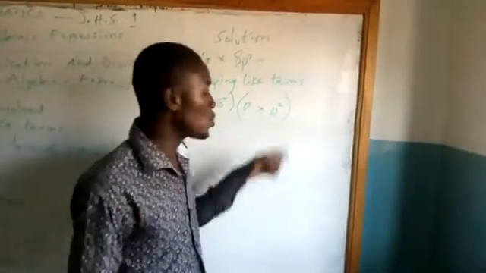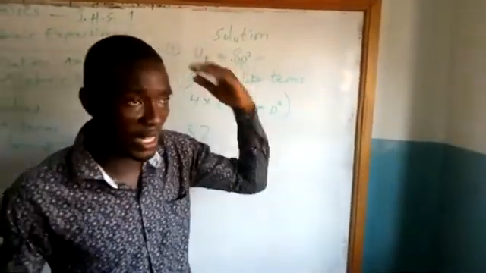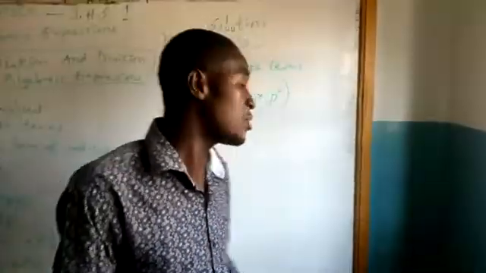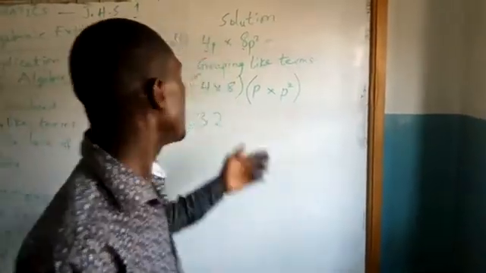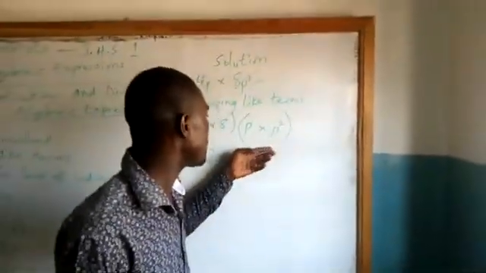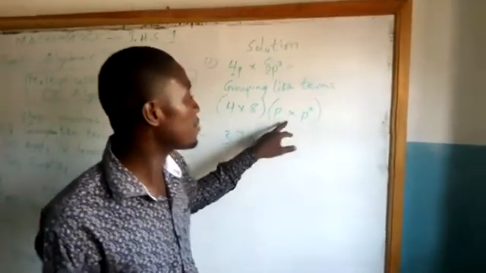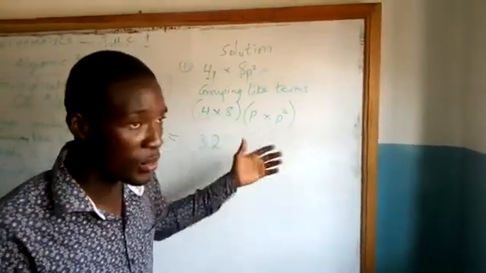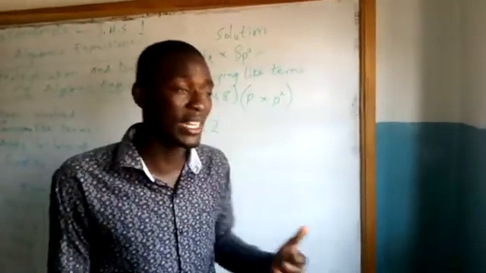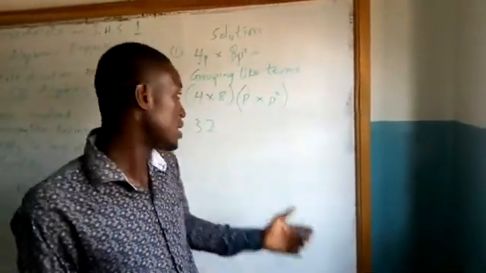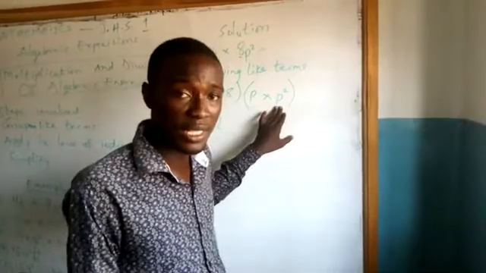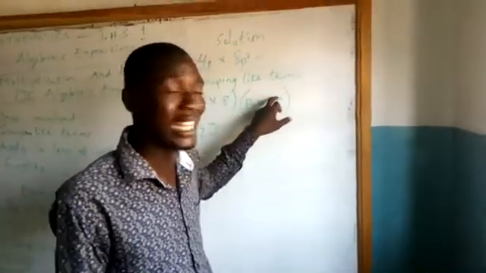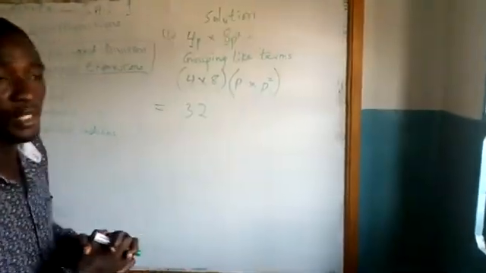Then the p and the p squared. We learned in indices in our previous lessons that anytime we have terms or numbers written in index form and they have the same base, we can add the exponents and merge the two.